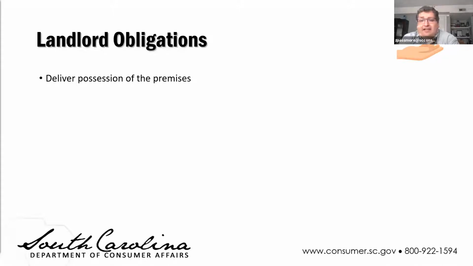And if need be, the landlord can bring an action in Magistrates Court for possession of the premises against the person wrongfully in possession. That's what's commonly known as a holdover tenant. So if a previous tenant will not leave, it is the landlord's responsibility to deliver the premises to the next tenant, usually through Magistrates Court.